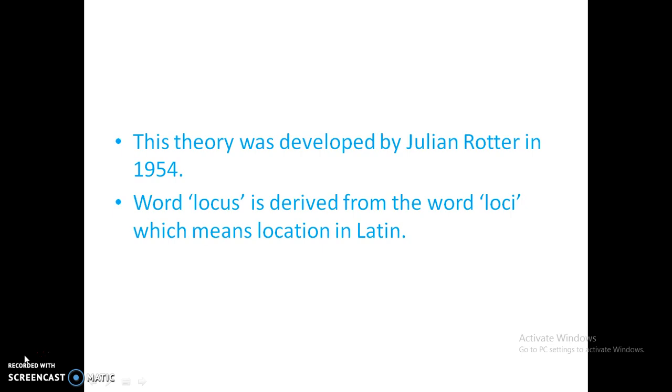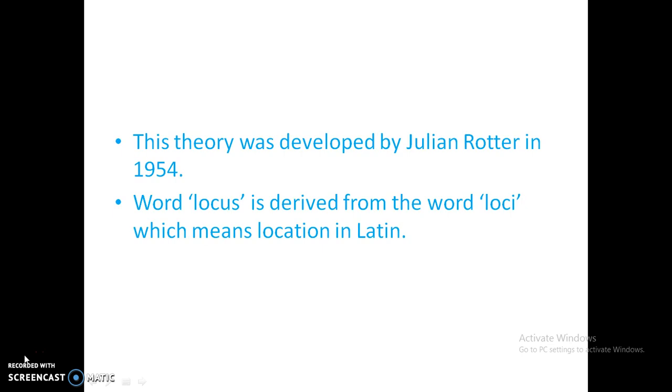Julian Rotter was an American psychologist who is known for developing very important and influential theories in the study of personality, including the social learning theory. I think many of you may have heard about it and studied it. And the other important contribution of Julian Rotter is the theory of locus of control.